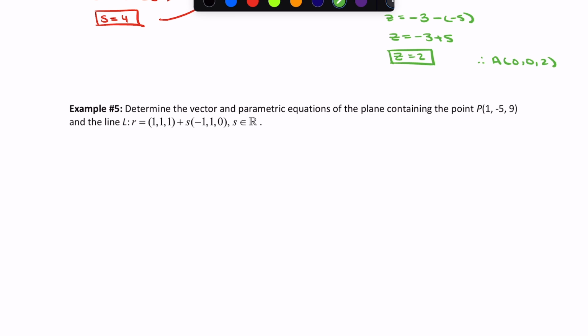And here again, we see that negative 1, 1, and 0 will lie on the xy plane. And here, again, that means that our direction vector m will be negative 1, 1, and 0.